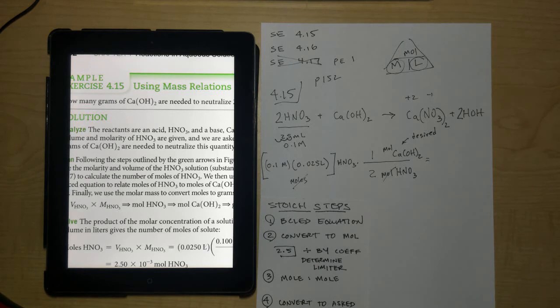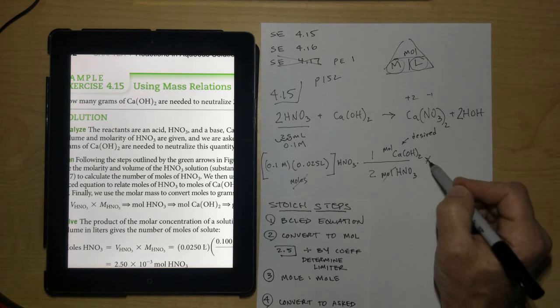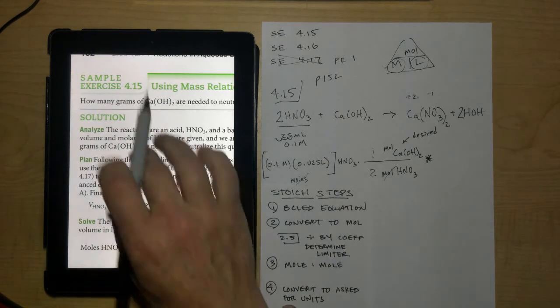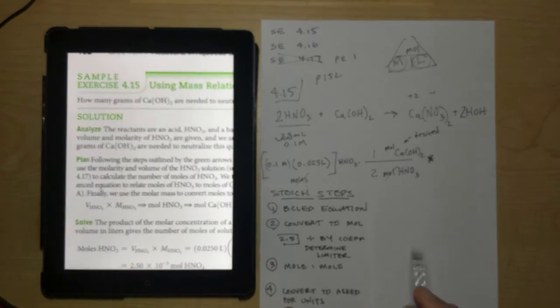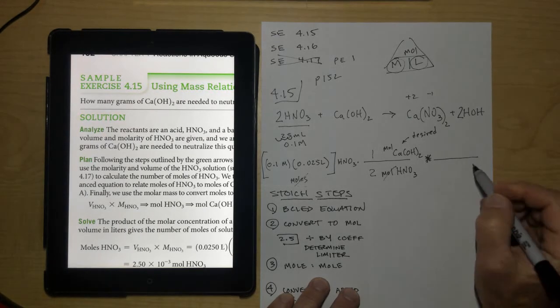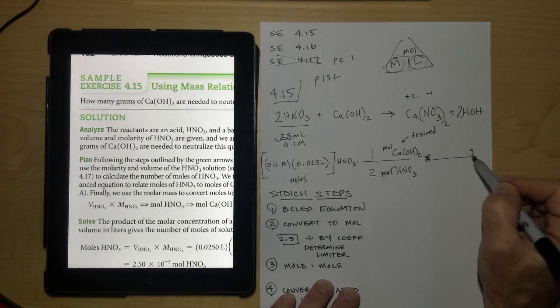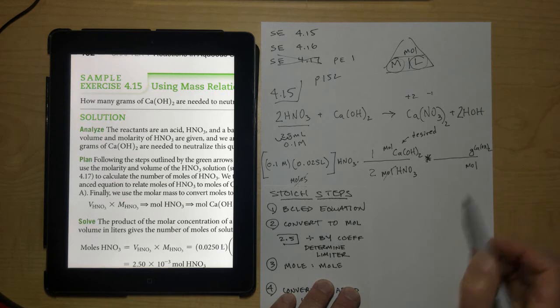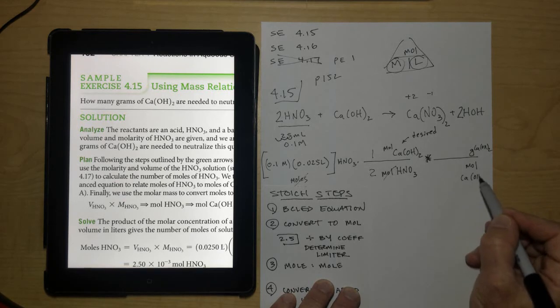And then convert to the asked-for units. Whoops, I should have put another multiply sign here because I can do the last step. I go back and reread the question: it wants grams of Ca(OH)2. So put a multiply sign and a line, put your desired units on the top, grams of Ca(OH)2, and then put the units that you have in a position where it's going to cancel, moles of Ca(OH)2.